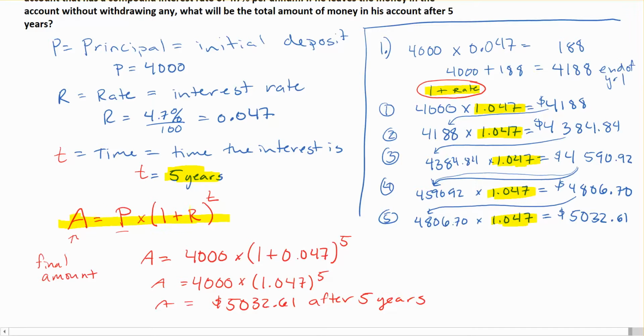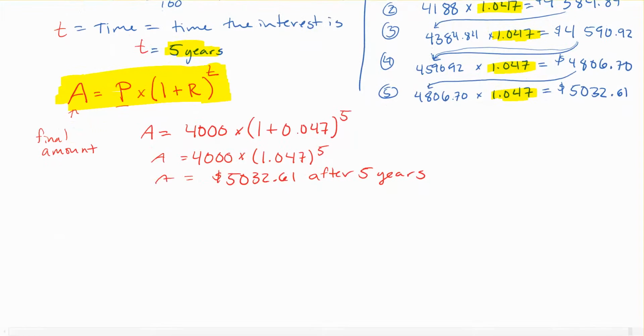So again, this becomes our formula. The amount is equal to the principal, or the initial amount, times 1 plus the rate, the interest rate, as a decimal, all to the power of the number of years you've done it for. So if we took the same example when we said, okay, well, how much money does he have after 10 years? Let's figure that out. After 10 years, same thing's going to apply.